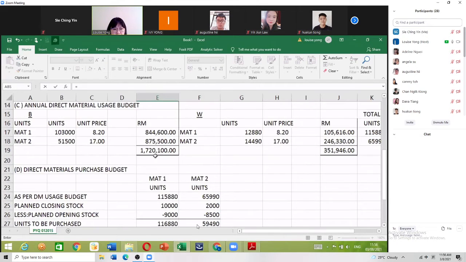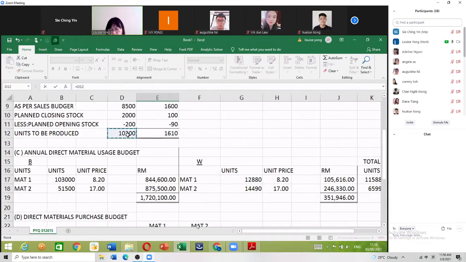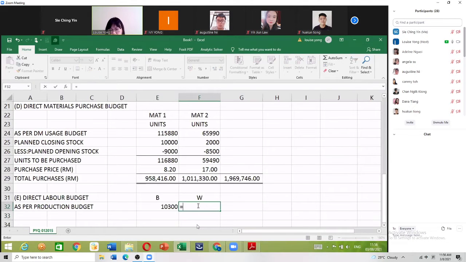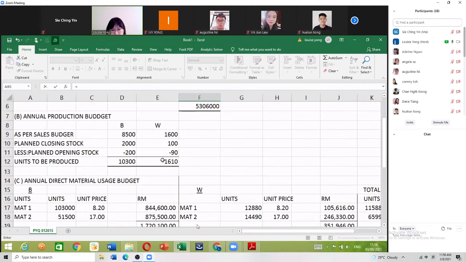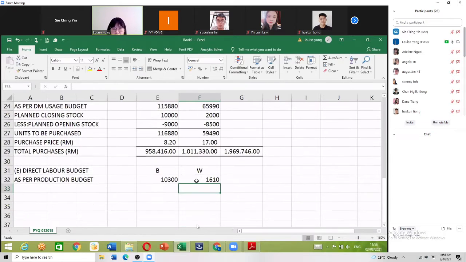Your production budget is 10,300, and this one is 1610. Since you need to produce this much, what will be your hours per unit?